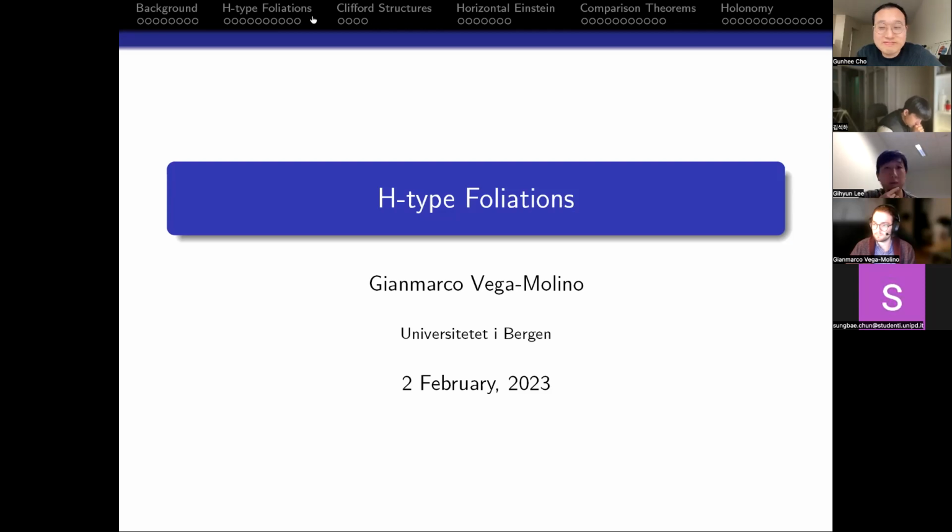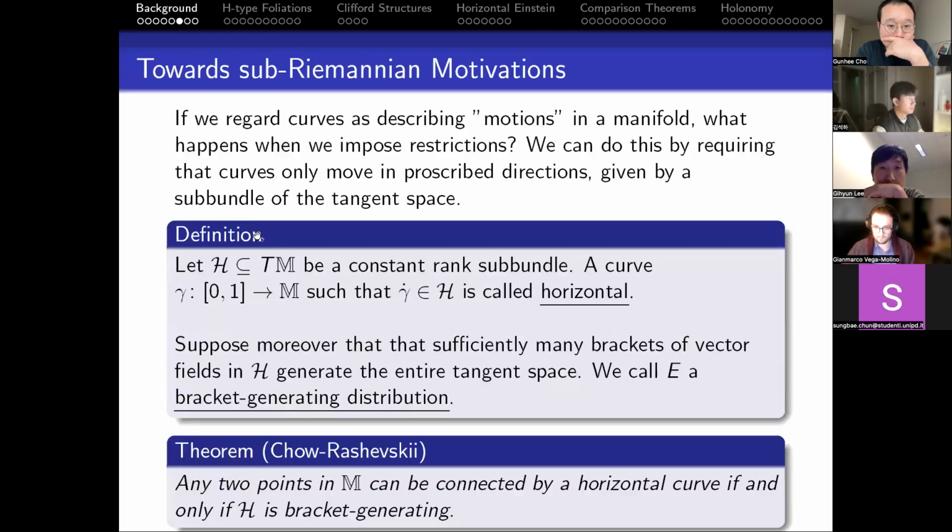Yes, I have one basic question because I am also a beginner of this topic. I can't remember the exact way of addressing that structure, but whenever we study the sub-Riemannian structure, the induced Riemannian metric, then in your definition, you mentioned the orthogonal vector bundle formed from the structure.